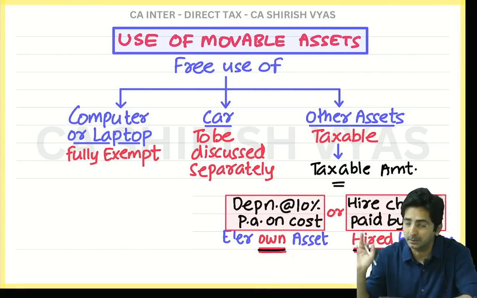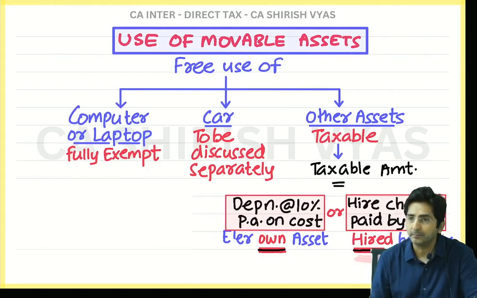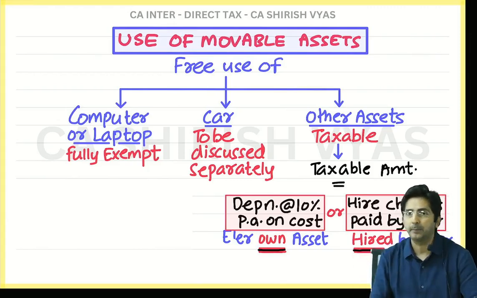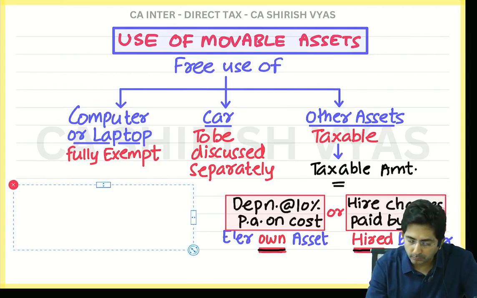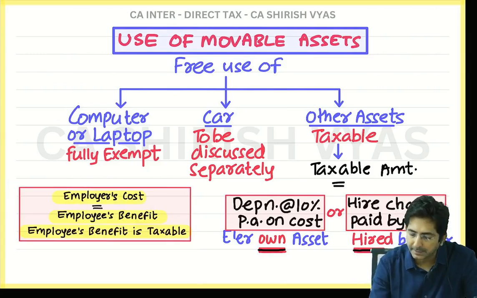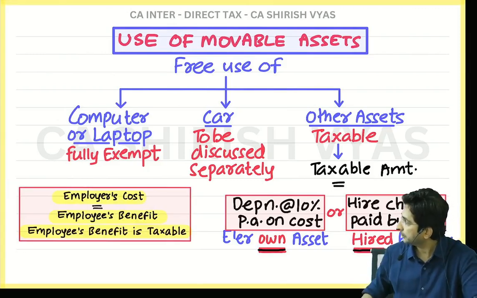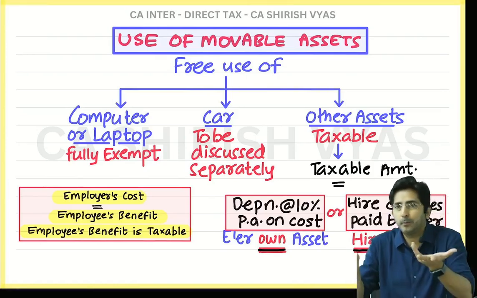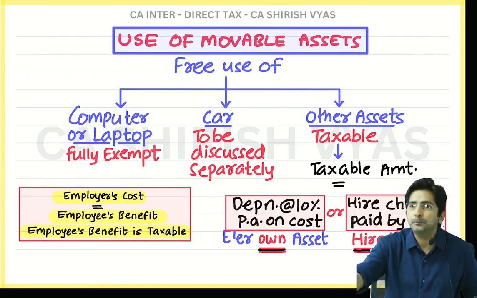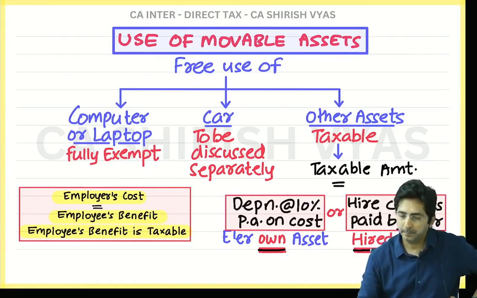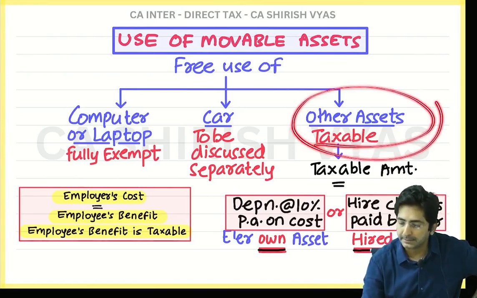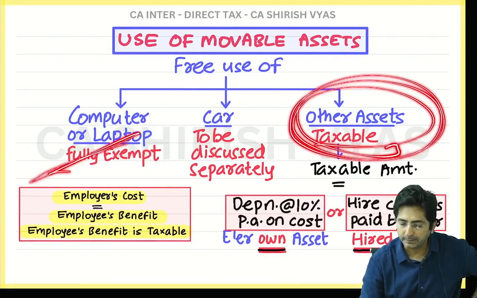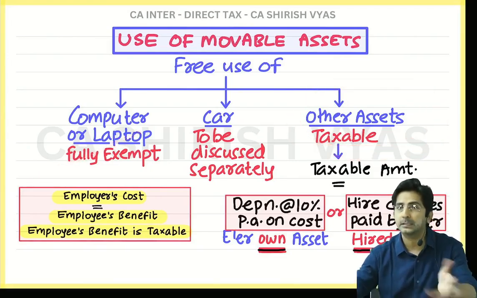And if it is hired, then higher charges paid by employer. And you know what? The most important statement which I said was this: employer's cost is employee's benefit, and employee's benefit is taxable. But taxable only when other assets are there. Computer is exempt. Car to be discussed later.